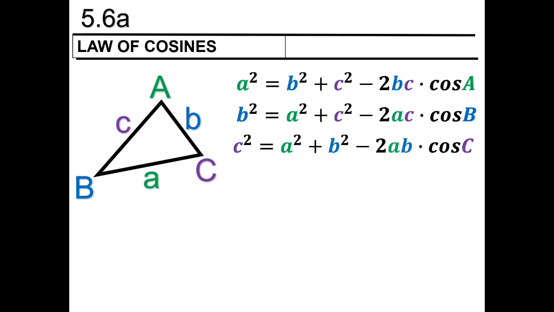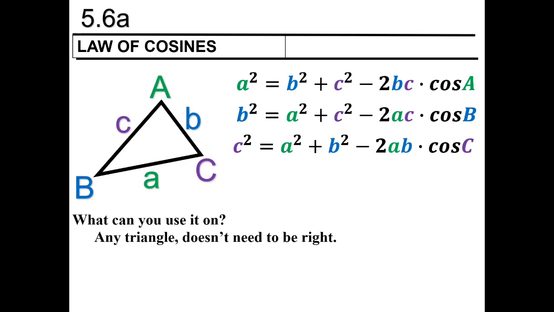Okay, so when can you use this formula? You can use it on any triangle. The triangle does not have to be a right triangle, although it can be. You need to also be able to look at given information and decide if you should use the law of sines or the law of cosines.